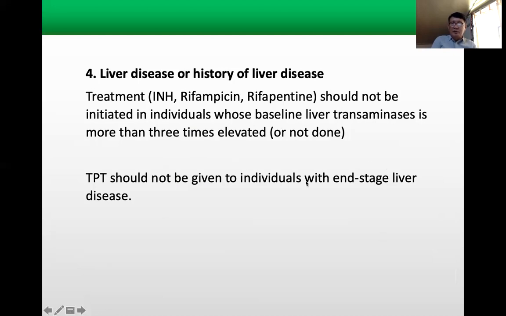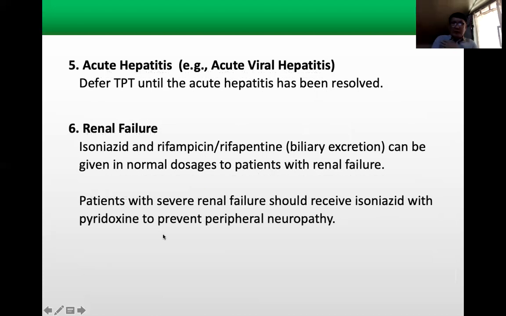TPT should not be given to individuals with end-stage liver disease. Acute hepatitis or acute viral hepatitis: defer TPT until the acute hepatitis has resolved. You just have to defer.